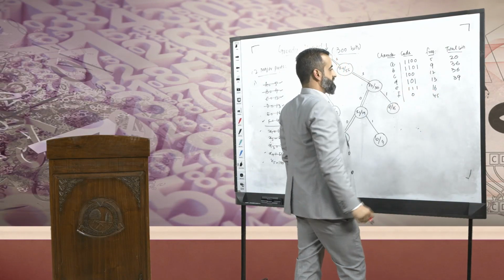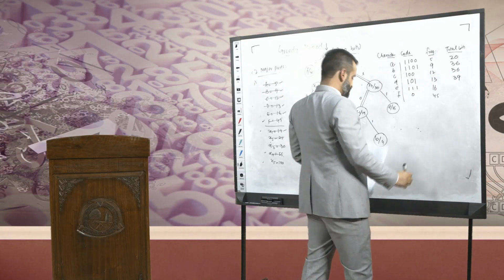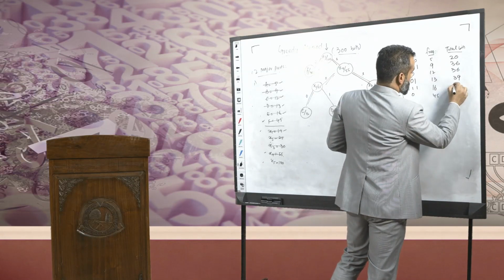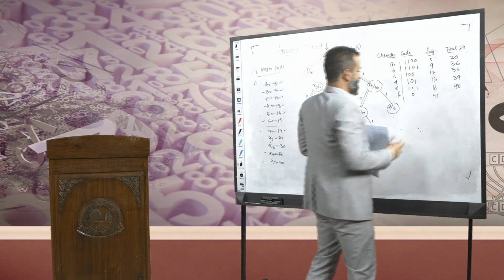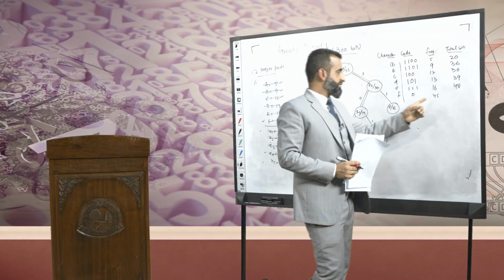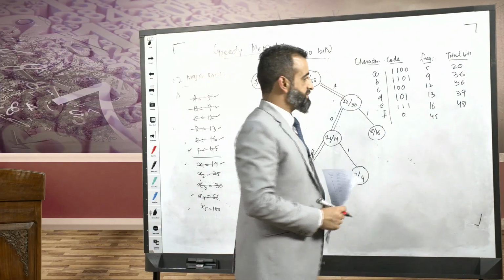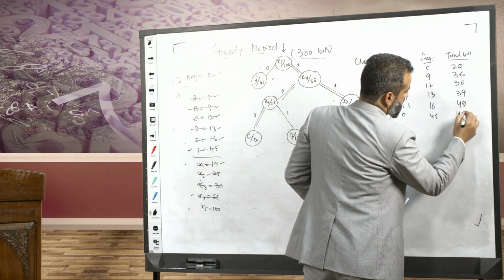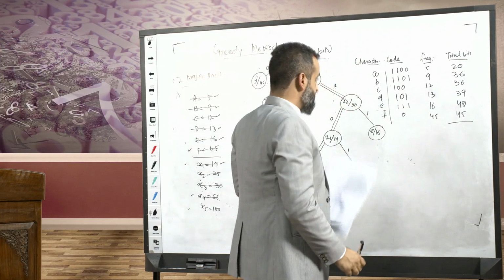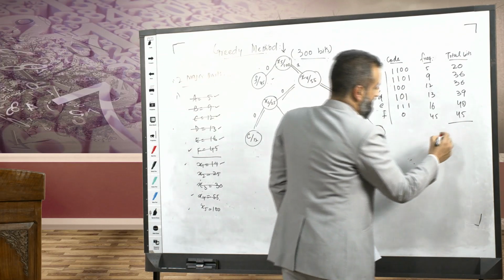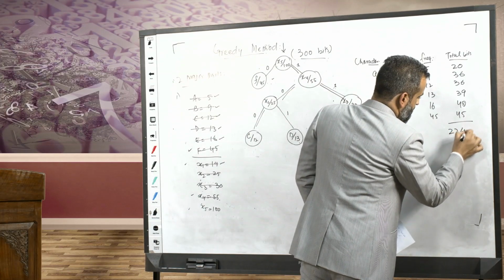Every single occurrence is represented by 3 bits, so a total of 48 bits for E. And for F, which has the highest number of occurrences, I'll be using only a single bit, that means 45 bits. If I take the total sum of these, it sums up to 224 bits.